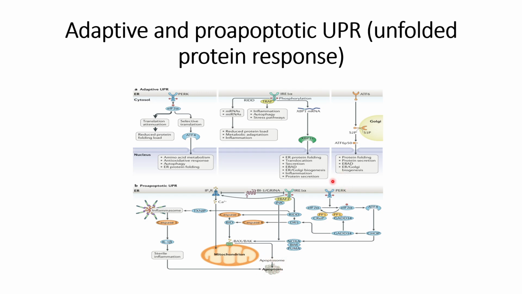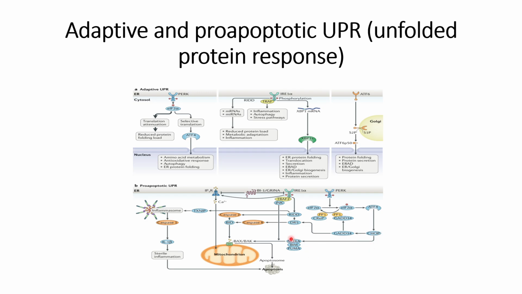So this is how the PERK pathway will lead to apoptosis. In IRE1 alpha, the TRAF2 and JNK pathway will trigger RIDD. It is related to degradation of mRNA, and this mRNA degradation signaling pathway will trigger BID and cause mitochondrial stress that triggers apoptosis.